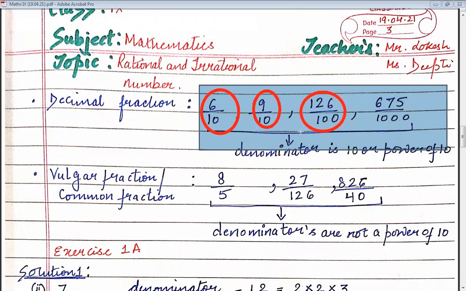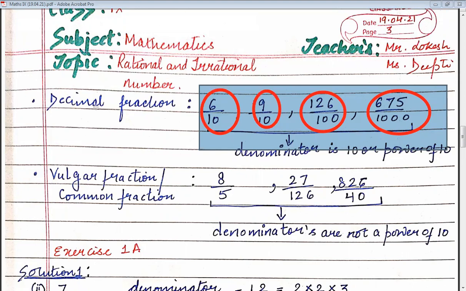Here the denominator is 10, here again 10. In the third one it's 100, and in the fourth one it is 1000. So decimal fractions are those fractions in which the denominator is 10 or a power of 10. No other denominator is acceptable, only 10 or a power of 10.